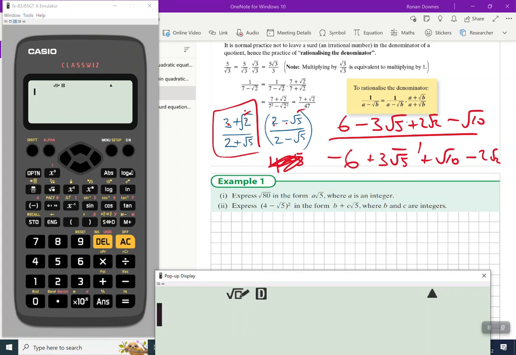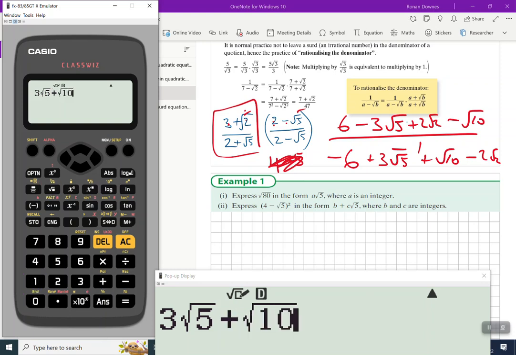So we have, let's do the negative bits at the end. 3 root 5 come out from under the square root plus root 10 minus, oh no, I'll come back on that. I'm going to use a bracket so that I can negate the two terms, okay?